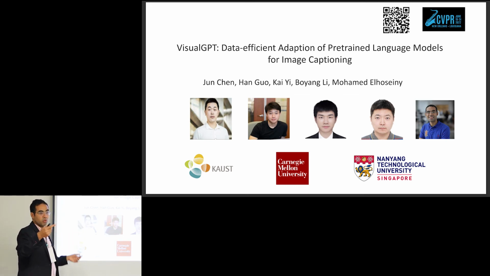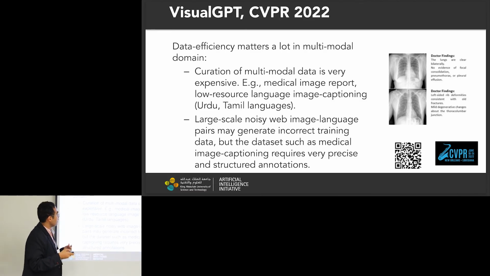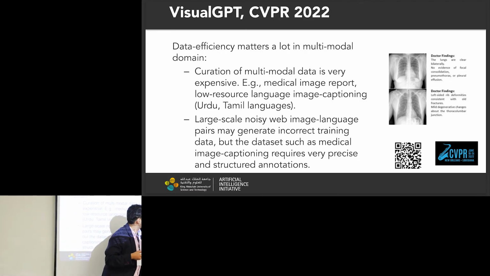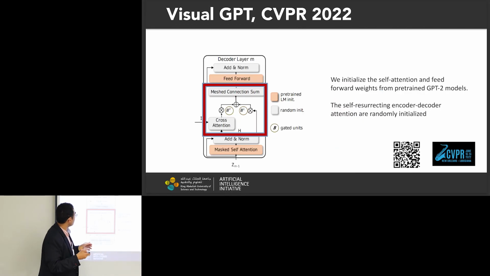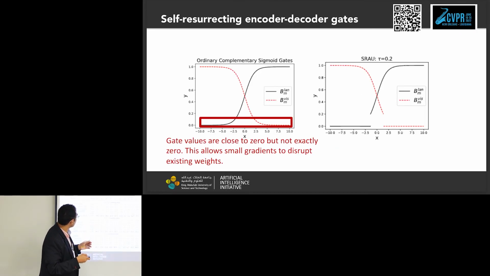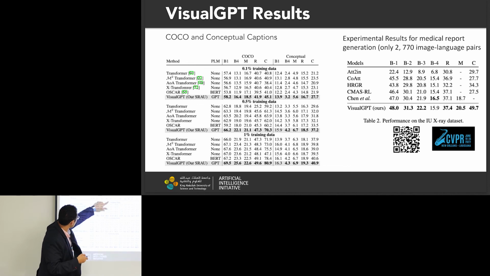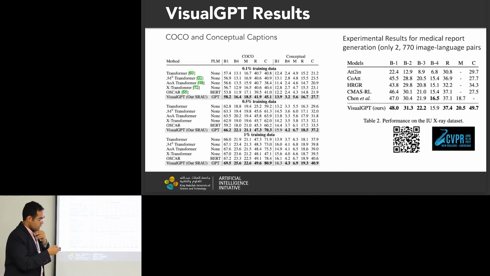We talked today, there is one lecture about data efficiency, like low resource languages. So this can be helpful for applications like generating medical reports. By distilling the knowledge properly, the model used only 0.1%, 0.5% of the training data and was much better than the baselines.